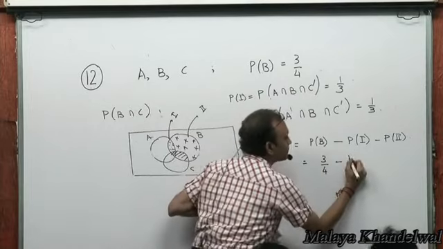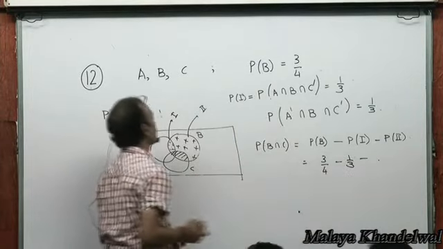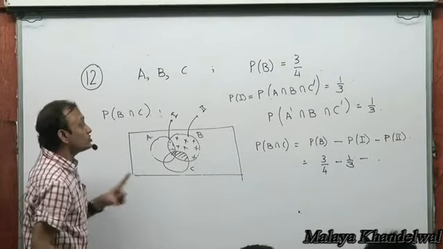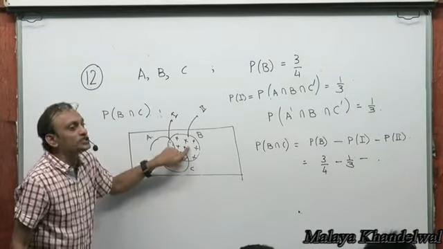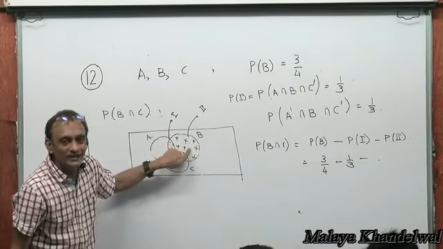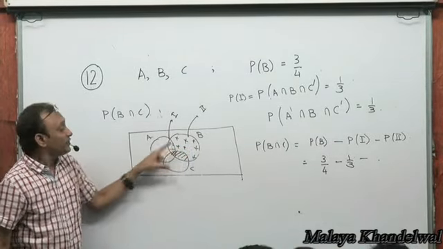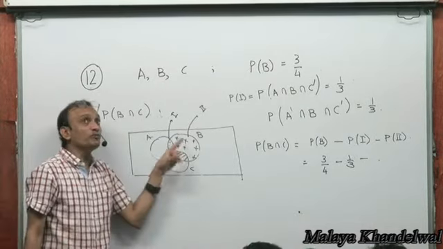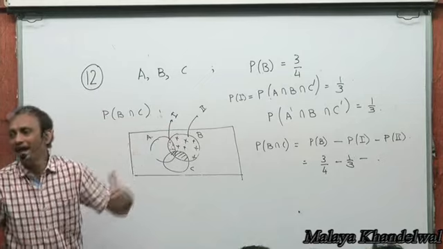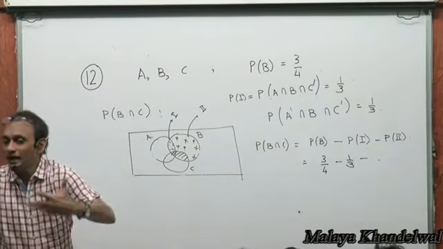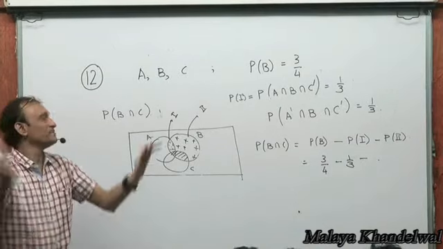Which is 1/3 minus. Look at this. This is that part of B which does not have A or C. Yes or no? Region 2 is what? That part of B which does not have A or C in it. That means the intersection of B with A complement and C complement, precisely.